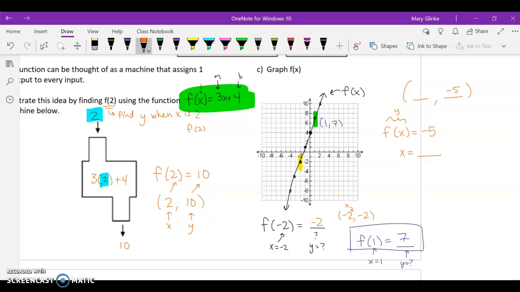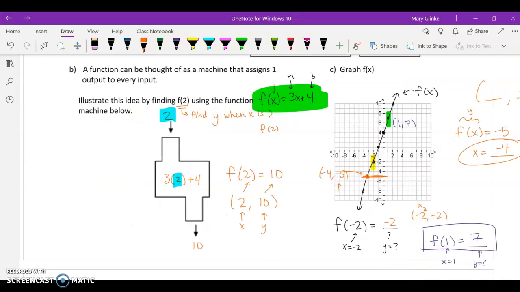What is your x value? So you can go to wherever y is -5 and say this coordinate point here is -4, -5. So when y is -5, my x value then is -4. So you can use function notation by reading it like a coordinate point.